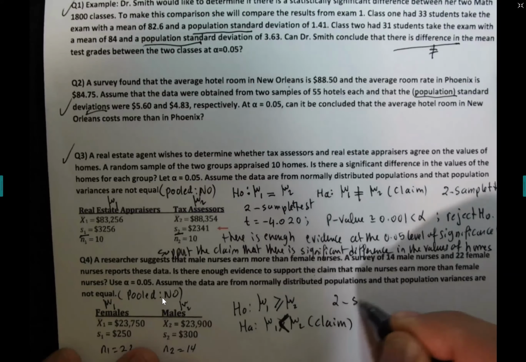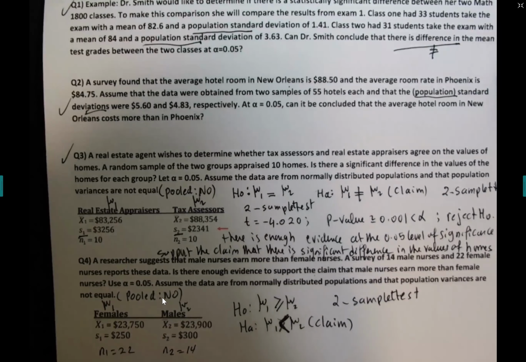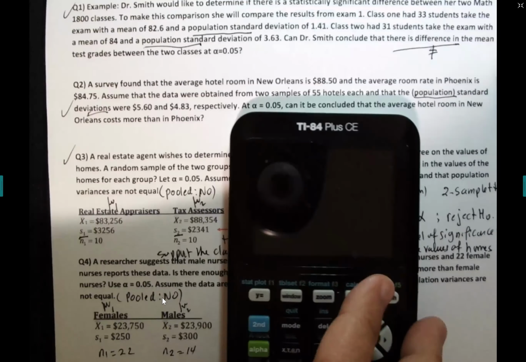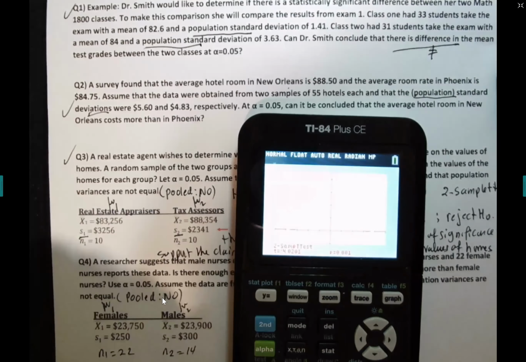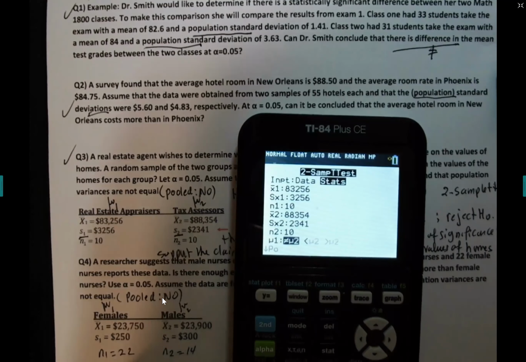Two sample t-test. And here's the t-test. All right, let's perform the test. Okay, X1 bar is females, 23,750.